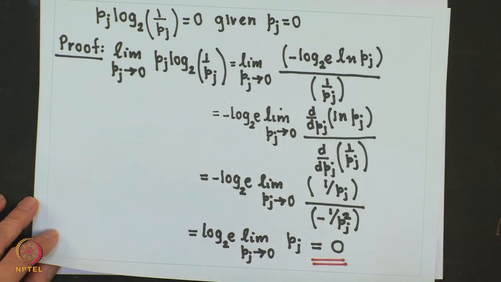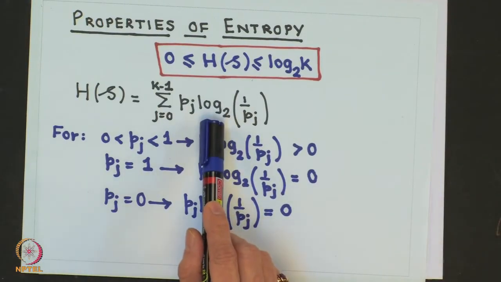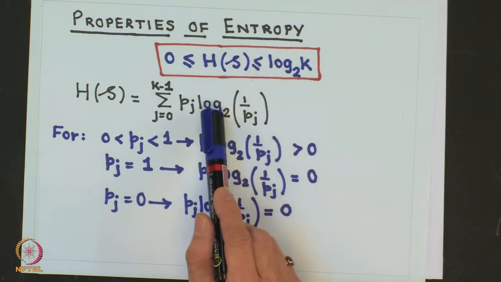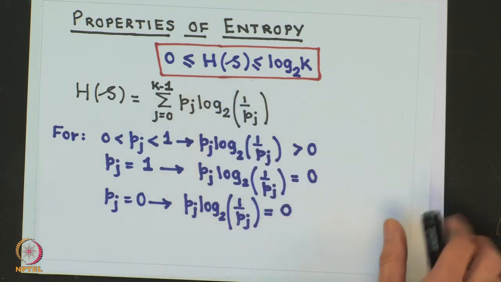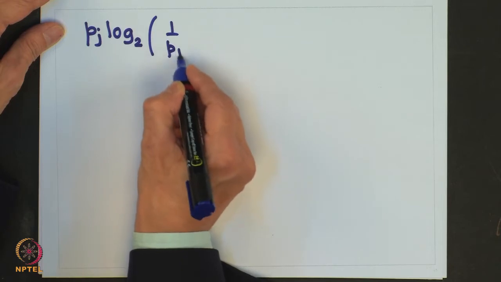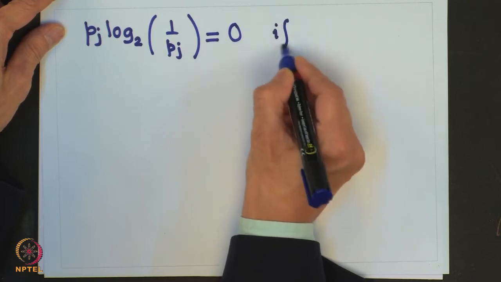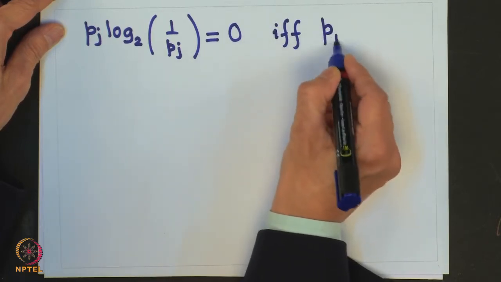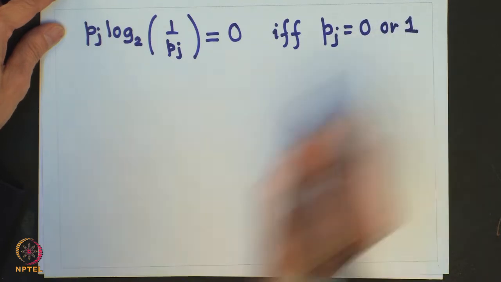So, what it means basically is that all the terms here are either 0 or greater than 0. So, the summation will obviously be greater than or equal to 0. Okay. So, pj log 2 1 by pj is equal to 0 if and only if pj is equal to 0 or 1.